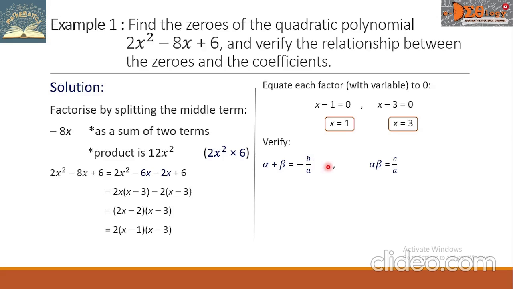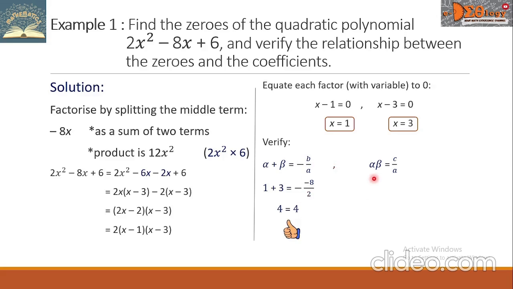Let us substitute the corresponding values. So we have 1 plus 3 equals the negative of negative 8, that is b, over a, which is 2. 1 plus 3 is 4 equals, the right side is also 4. The first relation is verified.